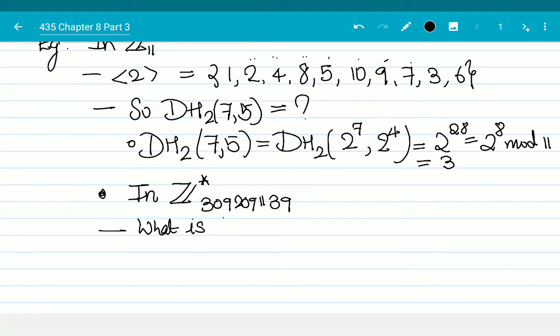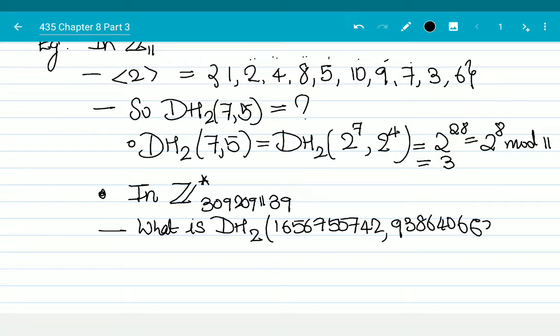What is Diffie-Hellman again of 2, which somehow I know is the generator, of 16567557429386406 63?